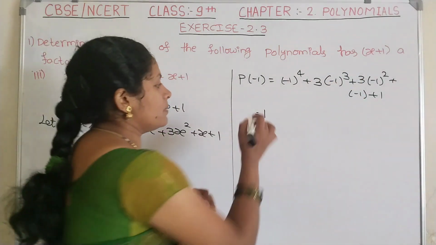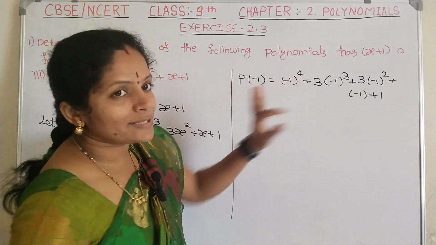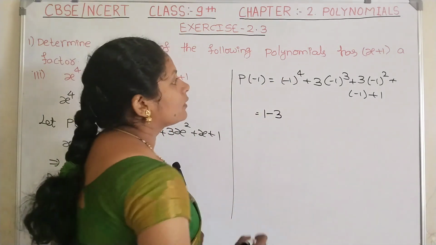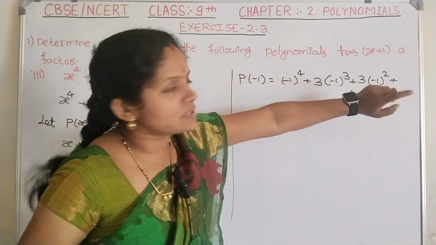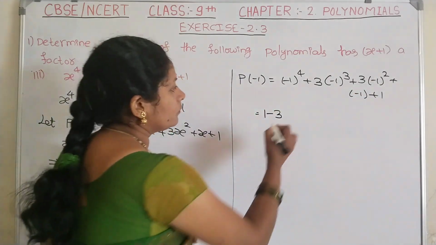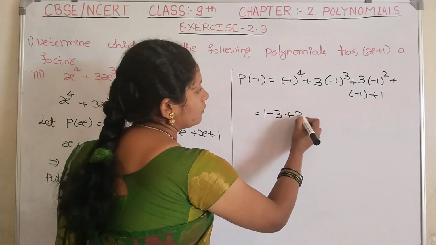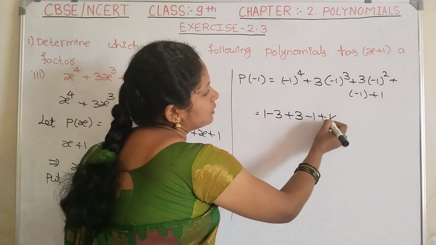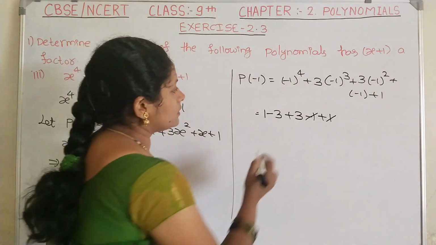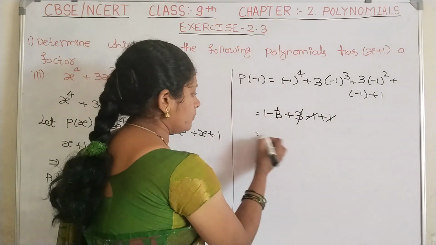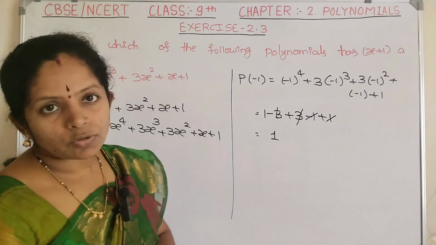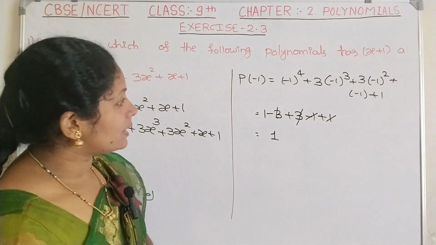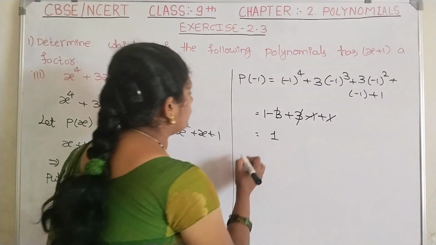Minus into plus will be minus. 3 into 1 is 3. Minus 1 whole square is plus 1. 3 into 1 is 3. We get plus 3. Next minus 1 plus 1. Here plus 1 minus 1 will get cancelled. Minus 3 and plus 3. 1 remains. Here also we haven't got 0.